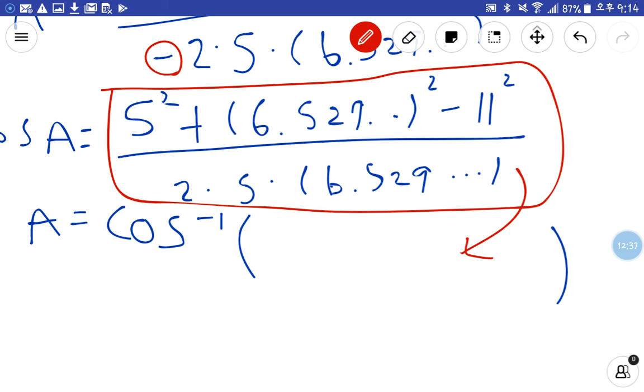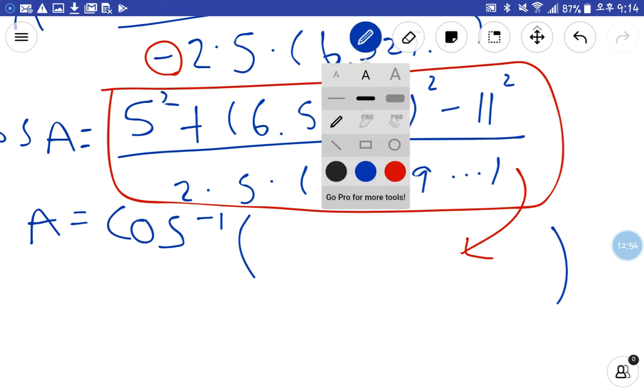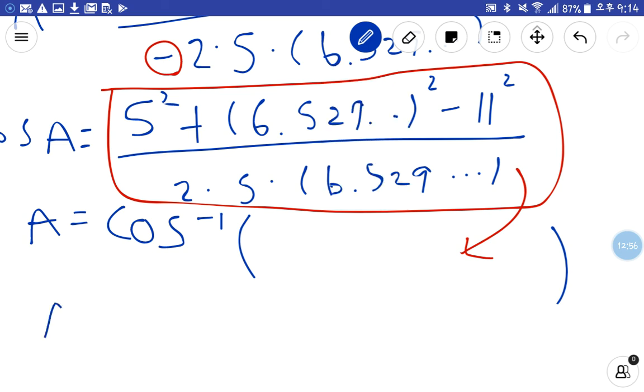So now what's going to be my A? I know that your answer is a little bit off, but just for safety, if you are having like 3 or 4 digits of the number, then your answer is not really off. So, let's keep going. Then my angle A, if you plug this in your calculator, what did you get? It is going to be 144.8 after rounding to the nearest 10th place.